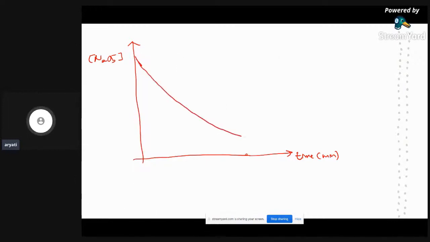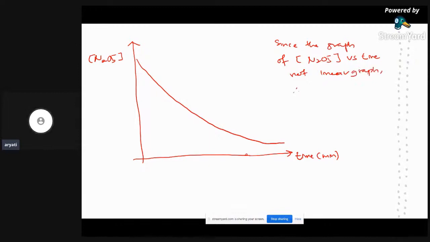So this is not a linear graph. So since the graph of concentration of N2O5 versus time is not a linear graph, therefore the reaction is not zero order.